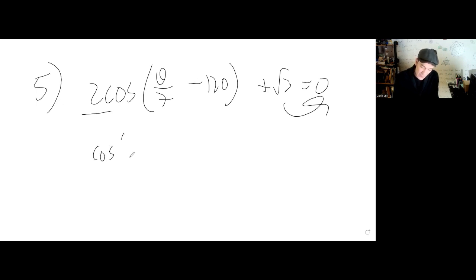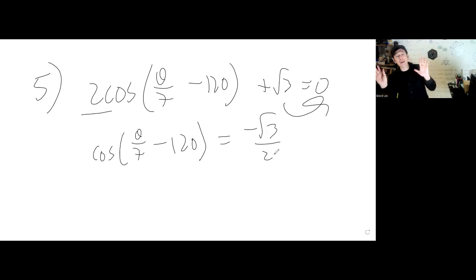That'll tell us that cosine of theta sevenths minus 120 equals negative square root 3 over 2.